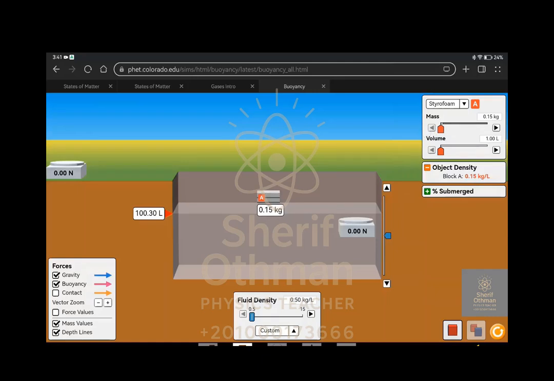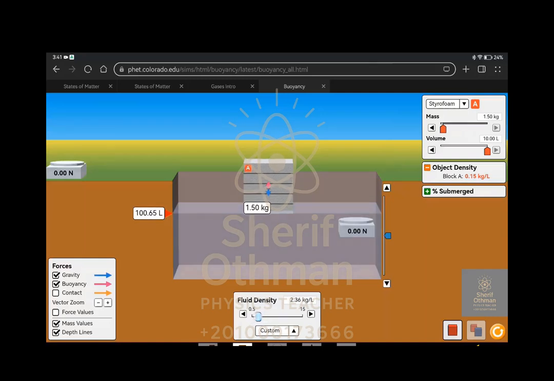By decreasing the mass, the amount of water displaced decreases. By increasing the mass, the amount of water displaced increases. By increasing the density of the fluid itself, the amount of fluid displaced decreases as it pushes the object upward.